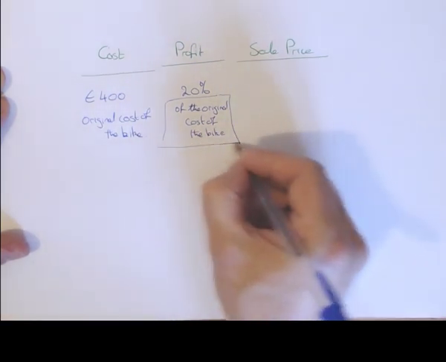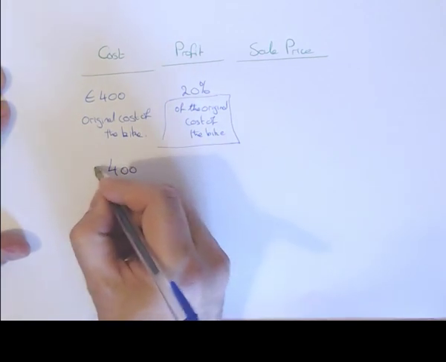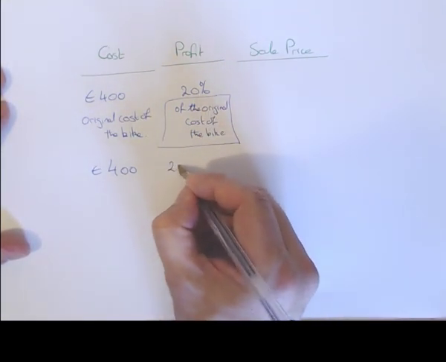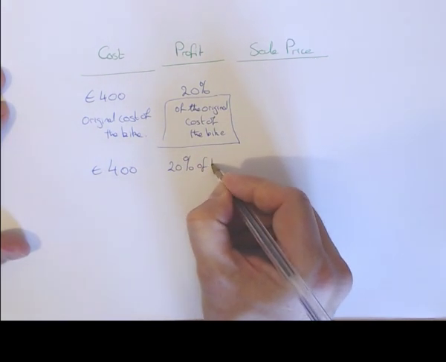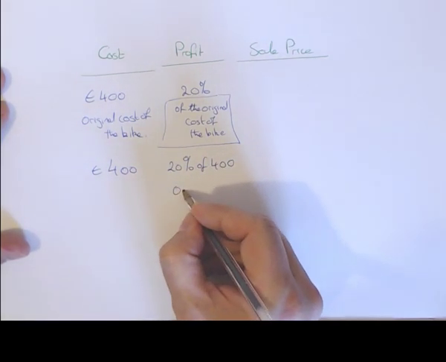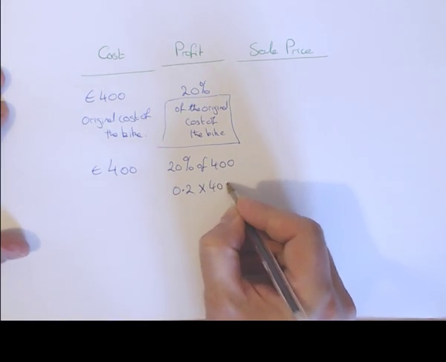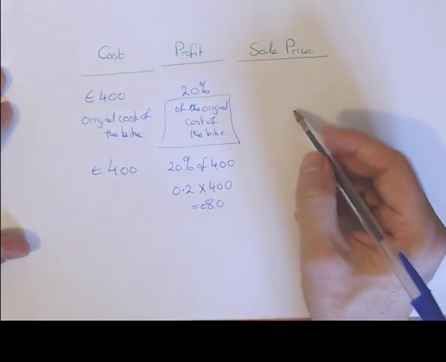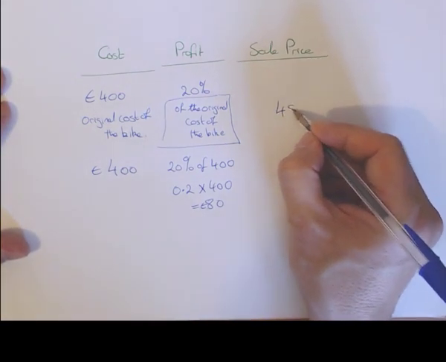So if the bike costs €400, then 20% of the original cost is 20% of 400, which is 0.2 times 400, which is equal to €80. If you add that on, we find our sale price is €480.